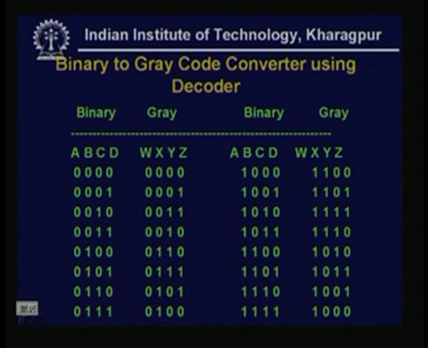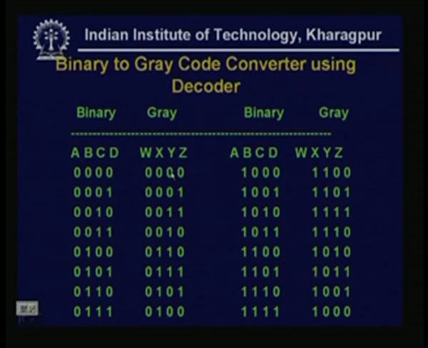The problem is we want a circuit where the input is binary and the output is the gray code. The unique property of gray code is that it maintains a unit distance from its previous one.